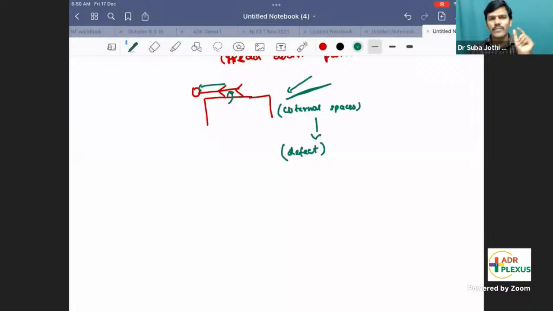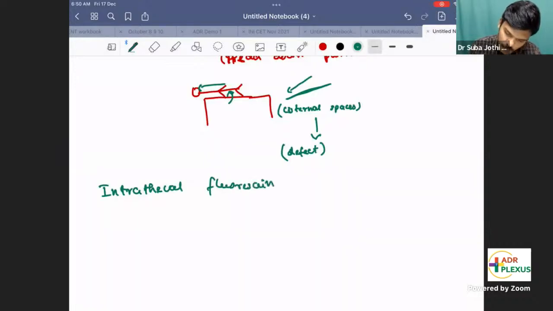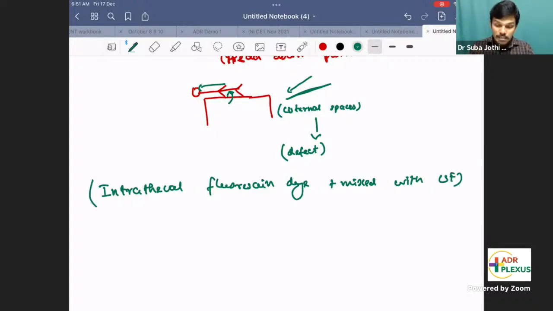Or if the leak is very small, even suspicious in this CT cisternogram, not confirmatory, only suspicious, with 2 millimeter, 3 millimeter defects, you should use an intrathecal fluorescent dye mixed with CSF and inject it back to the patient. This is done just before the surgery.